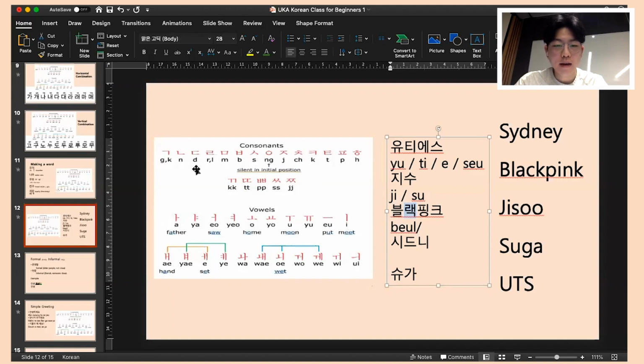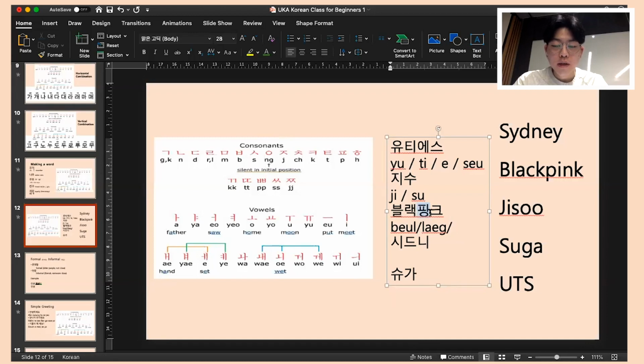Where is it? A, E sound again here with the G sound. L, A, E, G, black, ping. Pa, P sound, I sound. And the silent word again.